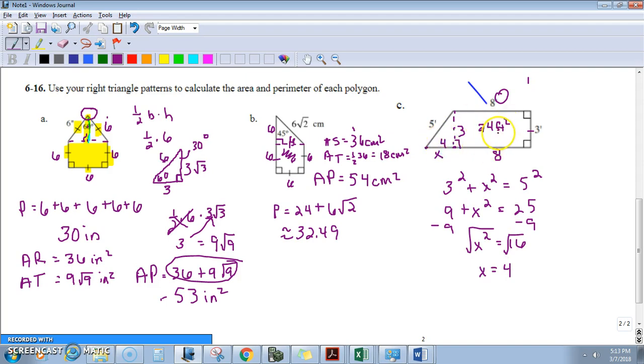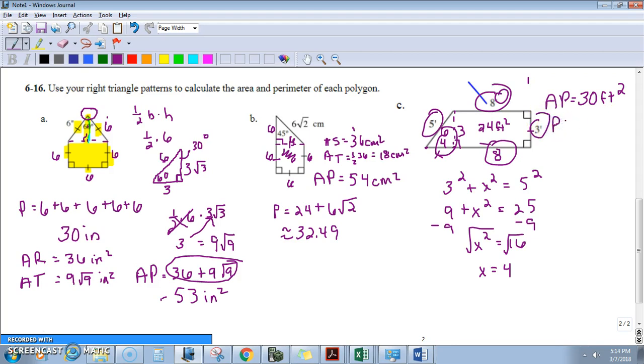So the area of the rectangle is 24 feet squared. The area of the triangle is 1/2 the base times the height. So 1/2 of 4 is 2. 2 times 3 is 6. So 6 plus 24, the area of this entire polygon is 30 feet squared. And the perimeter is 5 plus 4 plus 8 plus 3 plus 8.